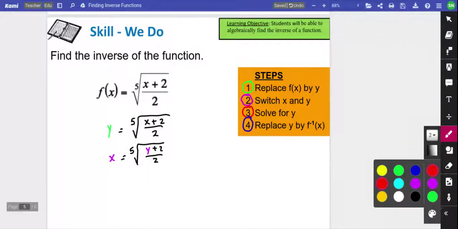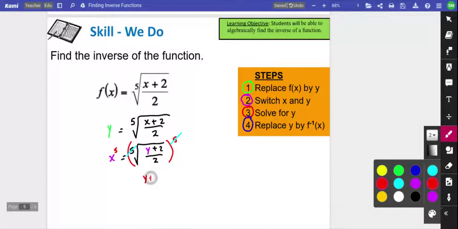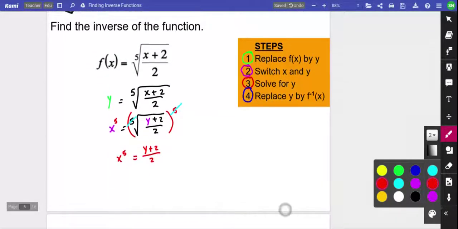We start by getting rid of the 5th power, by using the 5th power to get rid of the radical. These ones cancel out, and all I'm left with is what's inside the radical. Multiply both sides by 2.